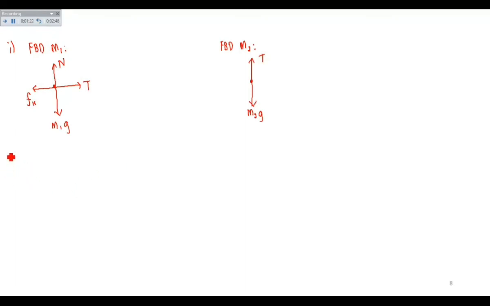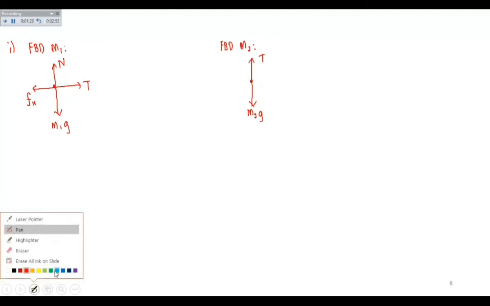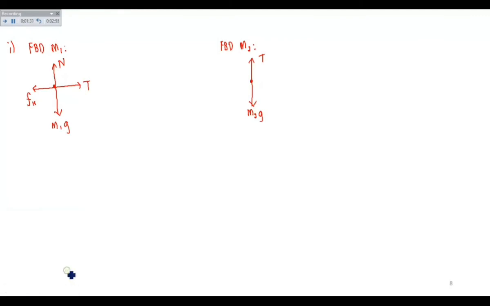Alright, untuk jawab soalan nombor 2, minta kita cari value of acceleration. Kita nak cari value of A. So kita perlu resolve forces ni into its component, which is X and Y. Untuk free body diagram pertama, saya resolve dulu summation Fy equals to 0.